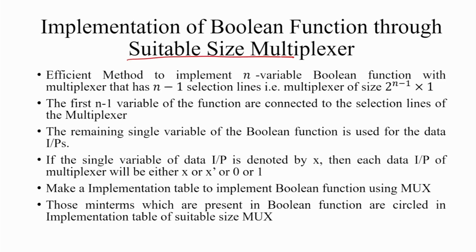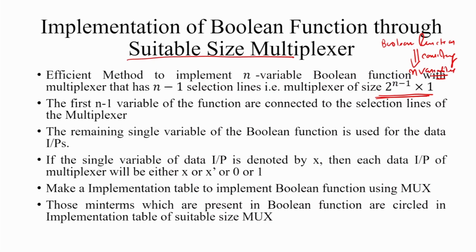So, when we talk about a suitable size multiplexer for implementing any Boolean function, suppose the Boolean function consists of n variables, then what is the efficient size of the multiplexer? The suitable size multiplexer is 2 to the power n minus 1 cross 1.